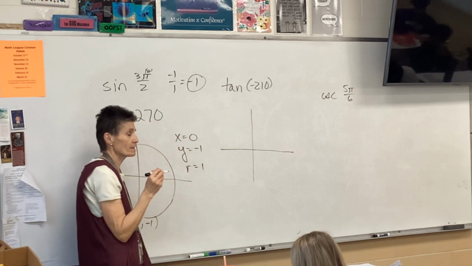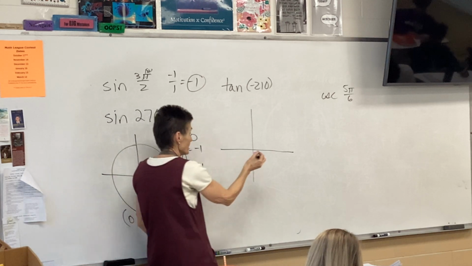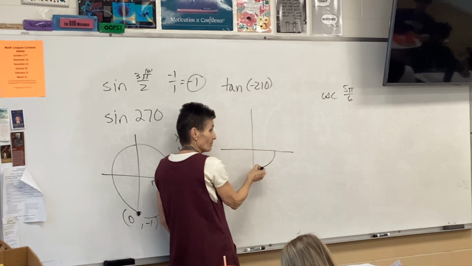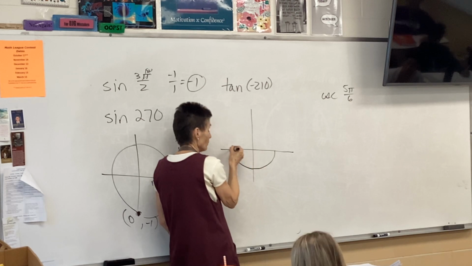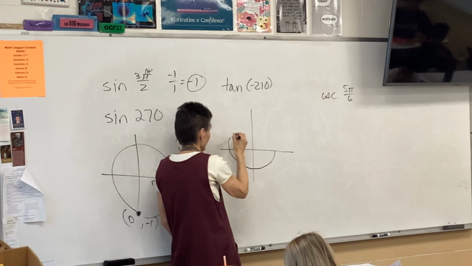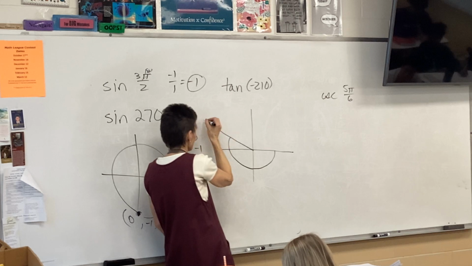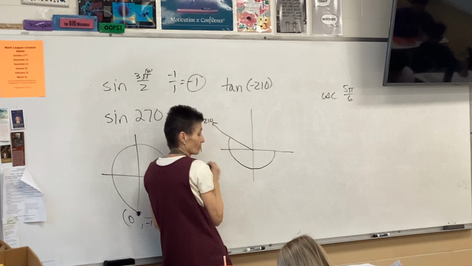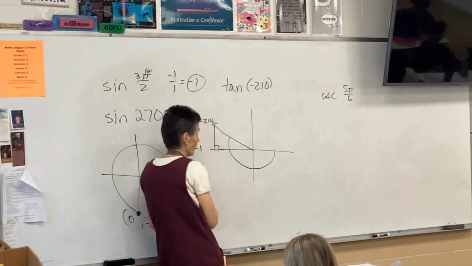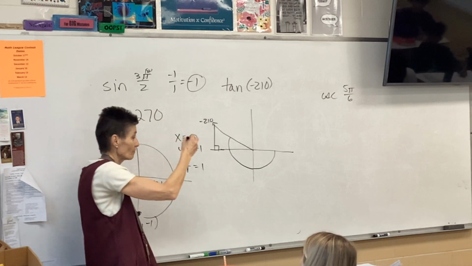All right, negative 210. Now, where is that? Well, first of all, it is negative, which means I'm going this way. So that would be 90. That would be 180. I don't want to go all that way. Isn't it going to be right in here somewhere? That's negative 210. Now I'm going to make a triangle because this one is not on an axis. It's sticking out there.